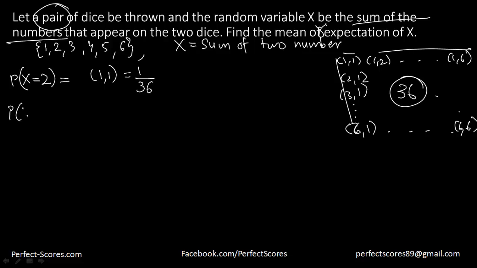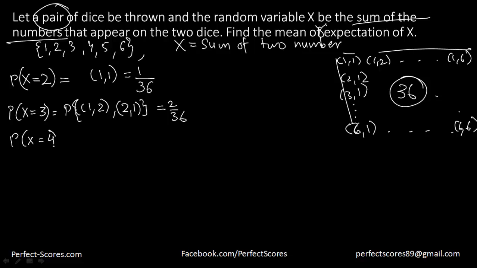Similarly, what is the probability that you're going to get the sum to be equal to 3? The cases are nothing but 1 comma 2 and 2 comma 1. So you have only 2 cases, which means my probability is 2 by 36. Similarly, for the sum to be equal to 4, the combinations are 1 comma 3, 2 comma 2 and 3 comma 1.